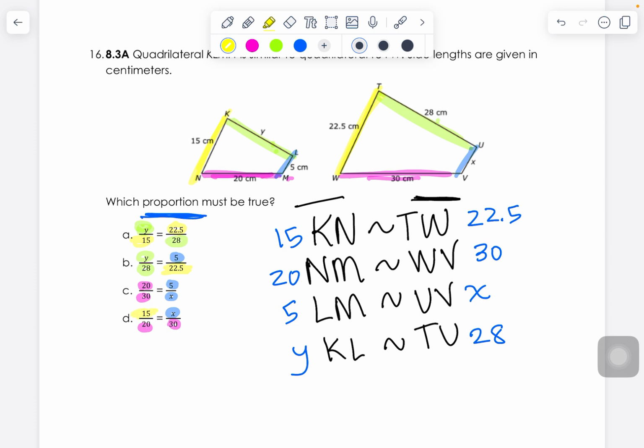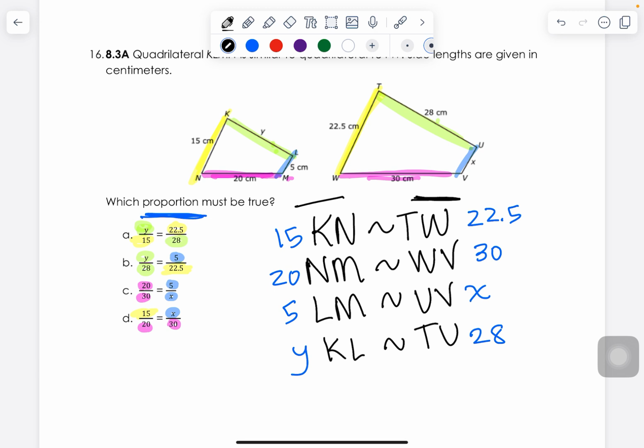All right, so when we set up a proportion, in order for it to be true, we must have a match for each corresponding side. And it also has to be set up in a special way to make it true.